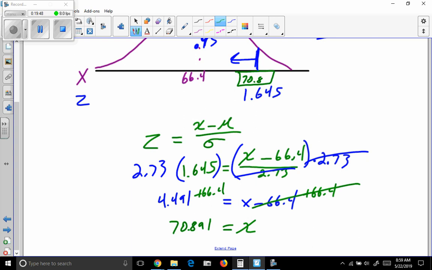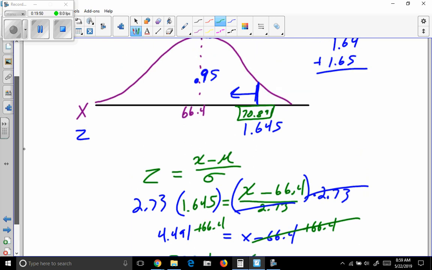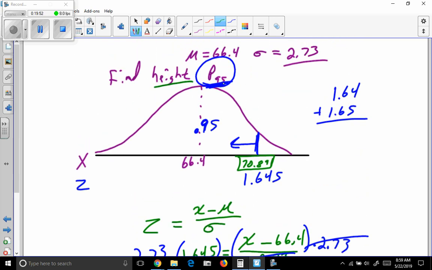That is the height at which 95% of women are that height or lower, or shorter. So if you're 70 inches tall, then you're in the 95th percentile.